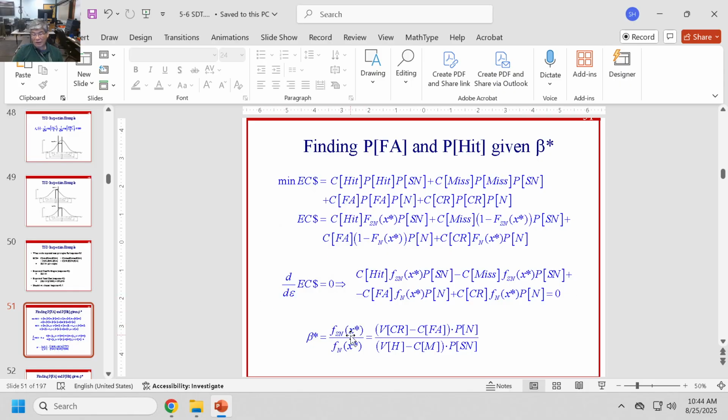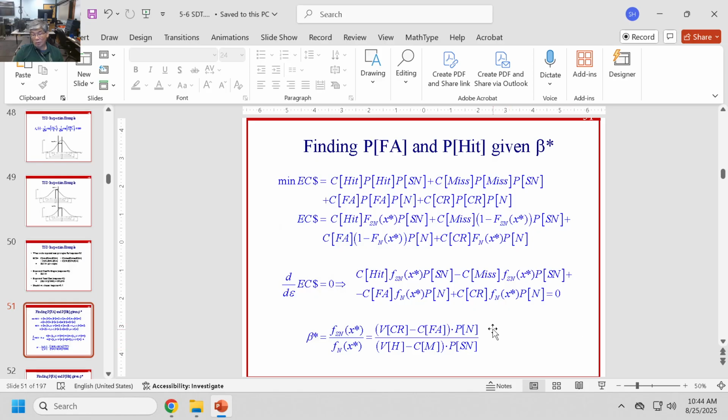So in this case, we say how high or how low this thing is depends on the height of the signal amount. If we want to make this thing small, we want to make beta star small.